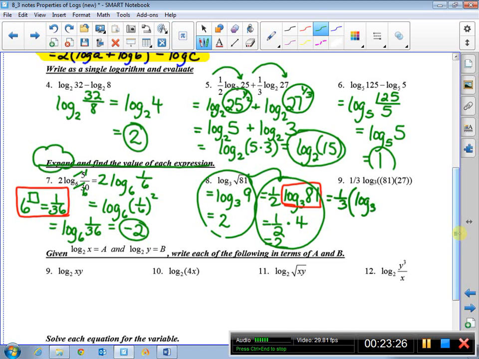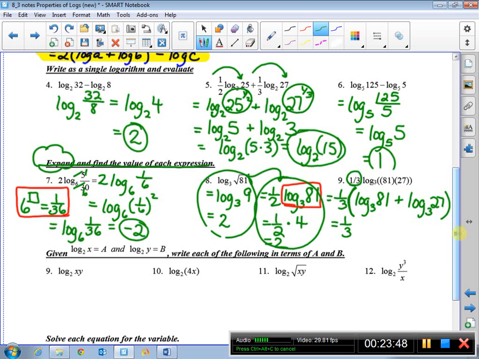log base 3 of 81 plus log base 3 of 27. Notice the parentheses around everything because the 1/3 is in front of the entire logarithm. So we need the entire logarithm in parentheses.